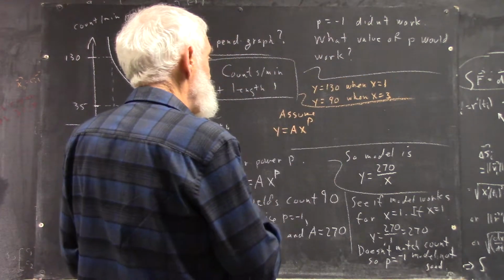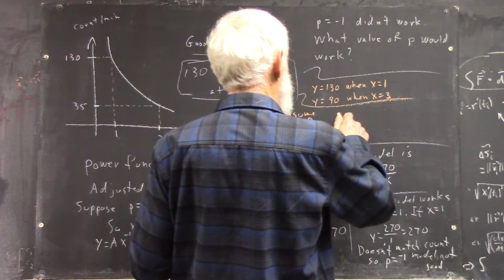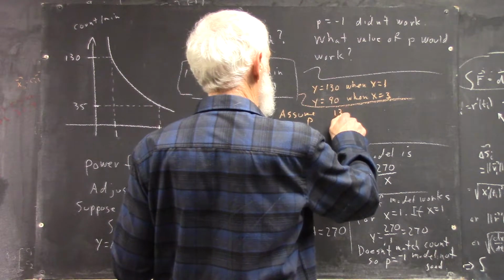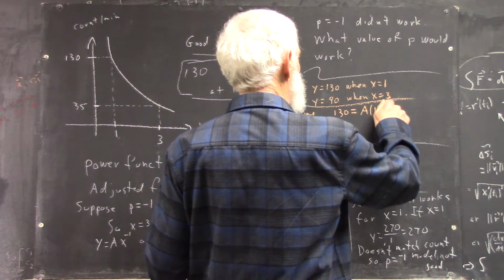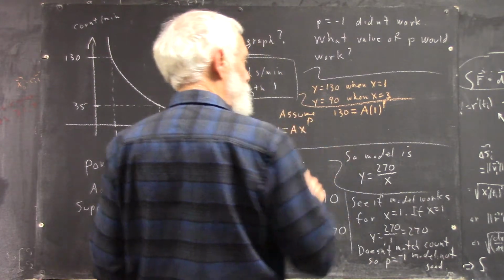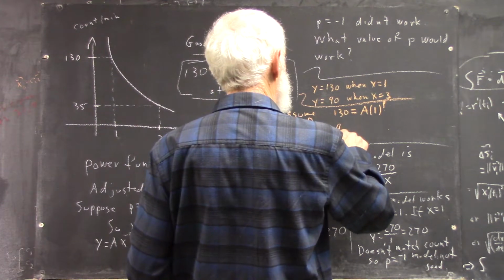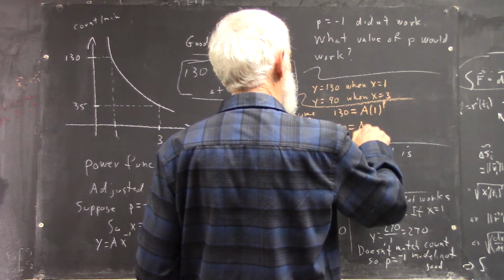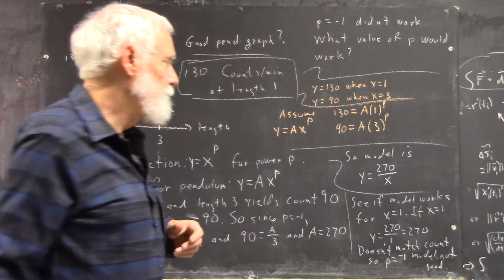So y equals 130 when x equals 1 tells us that 130 should equal a times 1 to the p. And that 90 should equal a times 3 raised to the p.